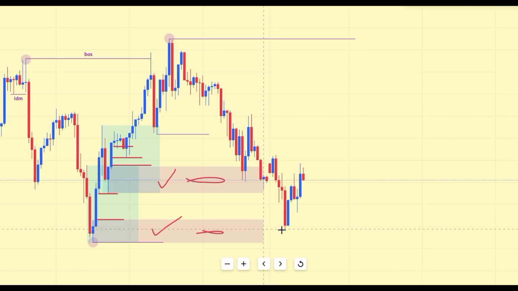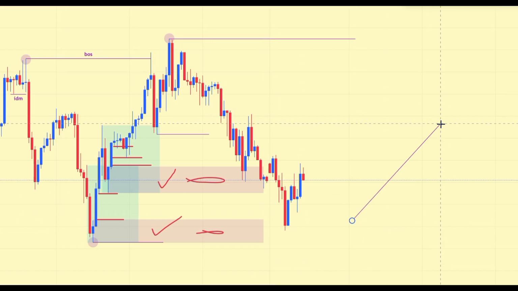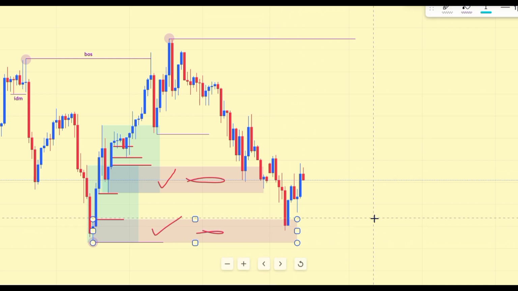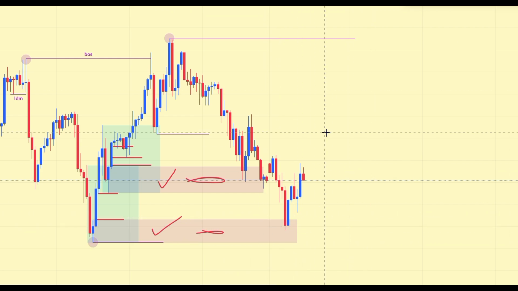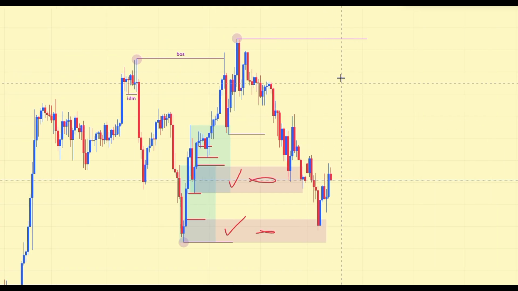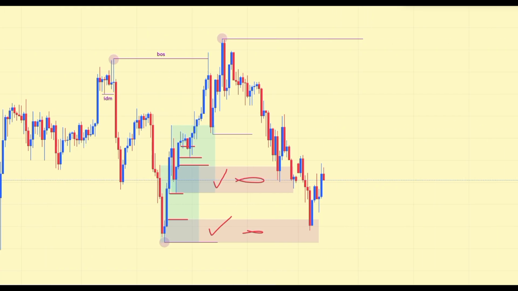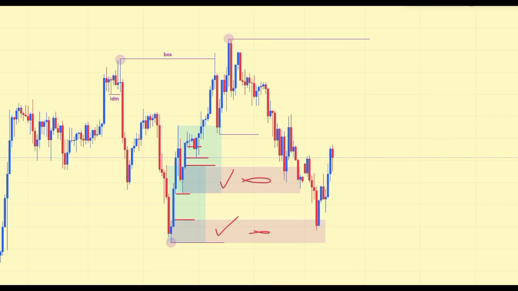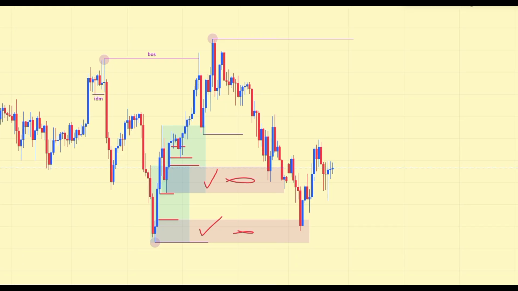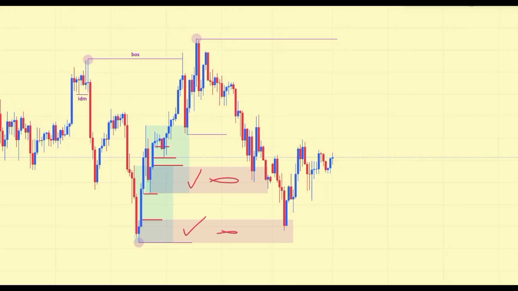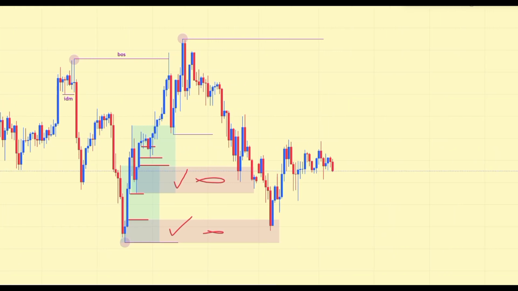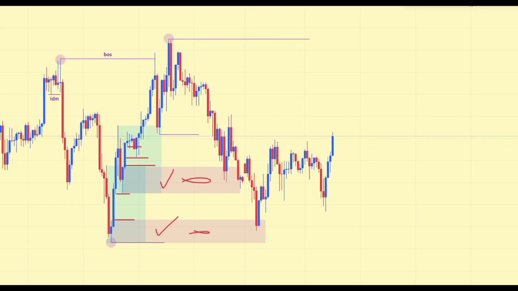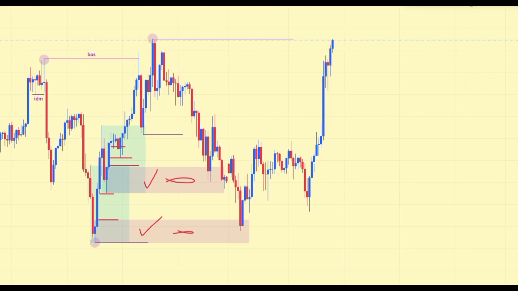Now once price mitigates the extreme, this is another reversal, and I will be anticipating a move all the way to the external liquidity, because the extreme order block is the highest probability and of course the last POI to take a trade from on that trading range. If price fails that, it will be planning to change bias from bearish to bullish.